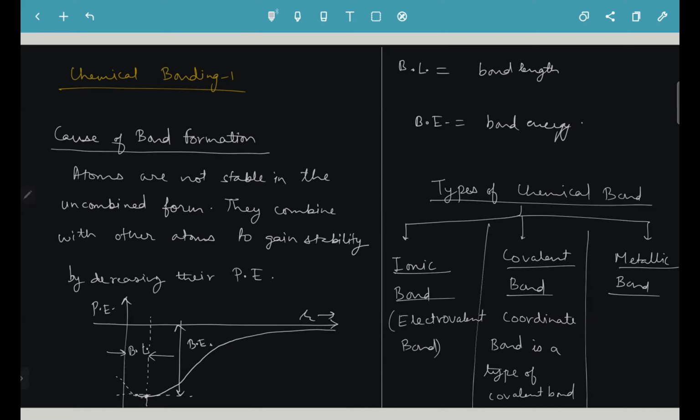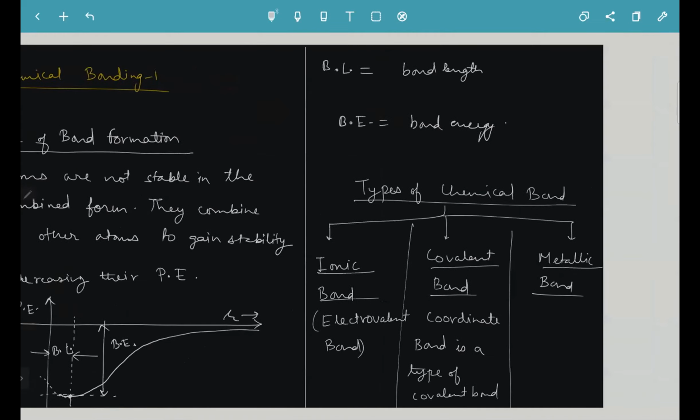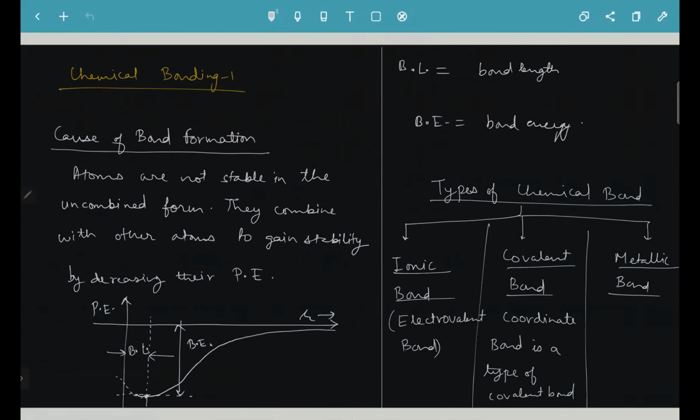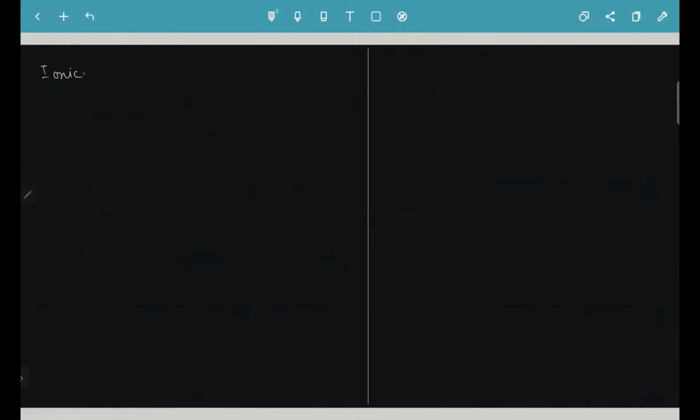Let us discuss briefly what is the difference. Please stand करो. इसमें first we'll talk about ionic bond.